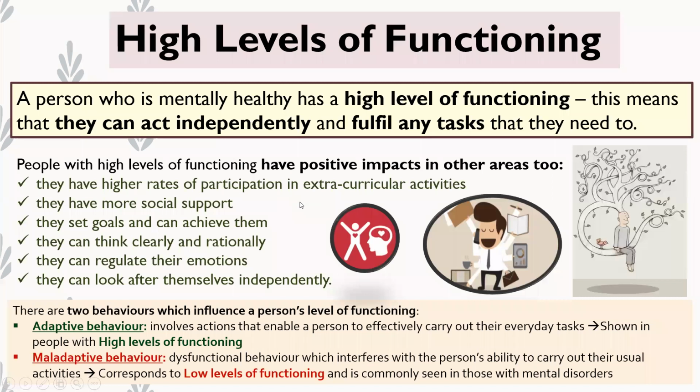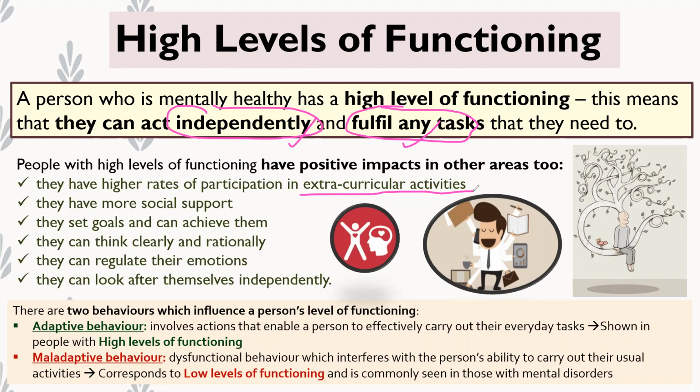Okay, so a person with high levels of functioning basically is a person who is able to act independently. Okay, there are two main keywords in this. They're independent people, and they can do whatever they put their mind to, or they can at least try their best to do whatever they put their mind to. Okay, people with high levels of functioning have positive impacts, not just because they're independent and they do what they put their mind to, but because they also have higher rates of participation in extracurricular activities.